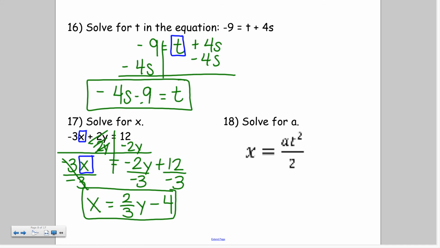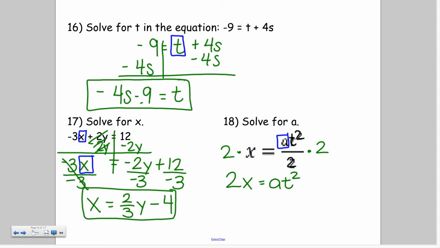All right, number 18. We are solving for a. So it is right here. And this is t squared in case you can't tell. It's on your paper, so you should be able to see. And this is a 2. All right, so I need to get rid of the fraction first. And in order to do that, I'm going to have to multiply by 2. When I multiply by 2, I get 2x is equal to a t squared.